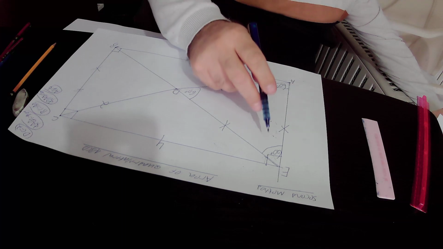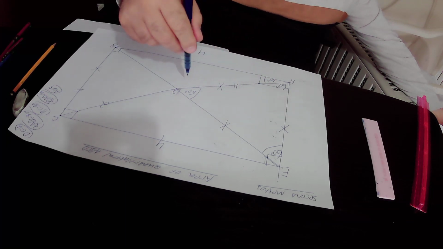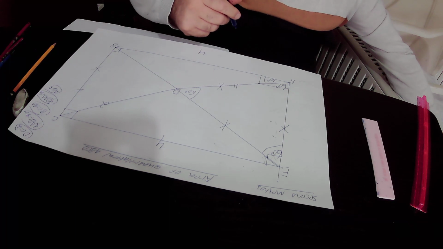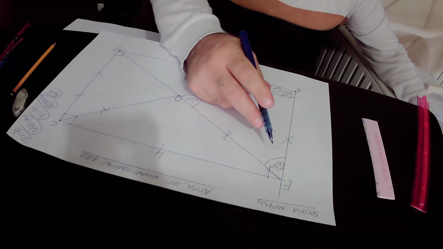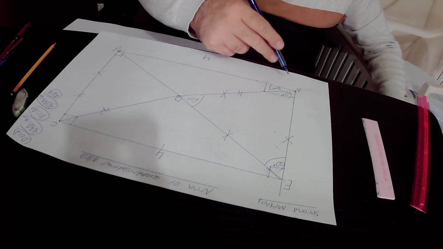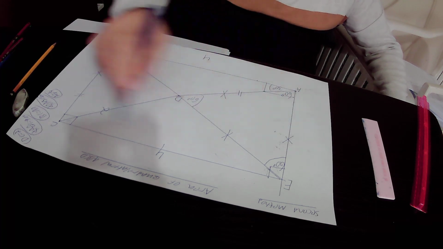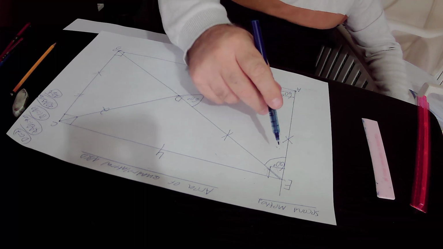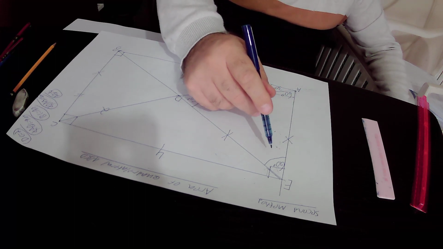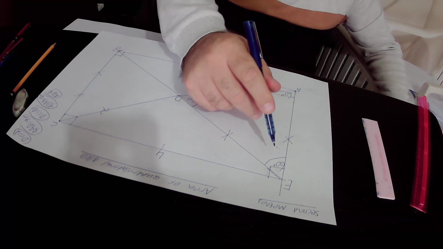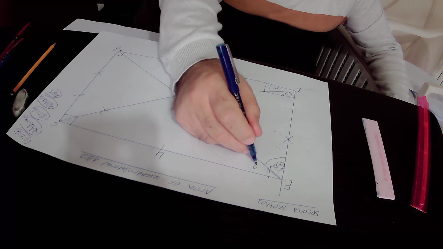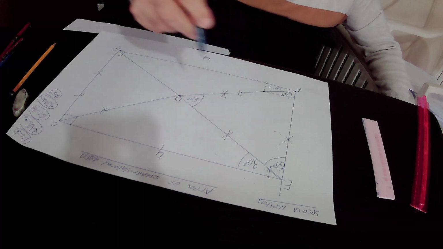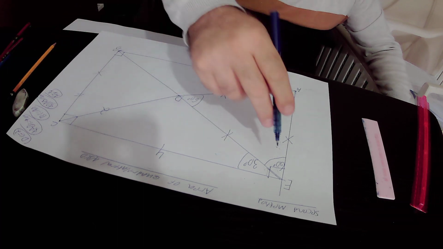What is the value of angle DEC? The value of angle DEC will be equal to 90 degrees, that is the value of angle AEC, minus the value of this angle, angle AED, that equals 60 degrees. So 90 degrees minus 60 degrees is 30 degrees, and it is the value of angle DEC.